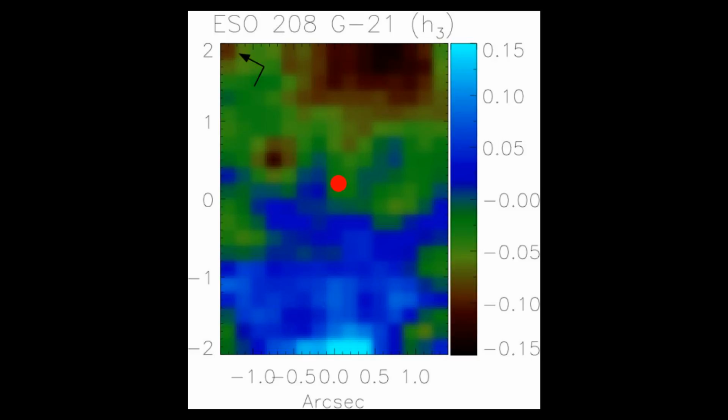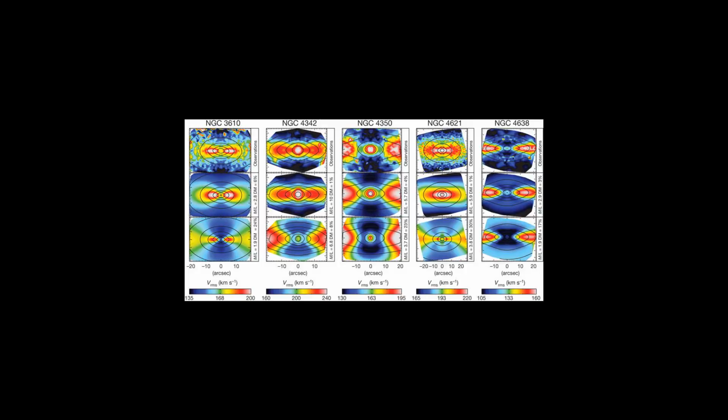The peculiar motion of the Sun with respect to the LSR is U, V, W equals 11.1, 12.24, 7.25 km per second, with statistical uncertainty +0.69 -0.75, +0.47 -0.47, +0.37 -0.36 km per second, and systematic uncertainty 1, 2, 0.5 km per second.